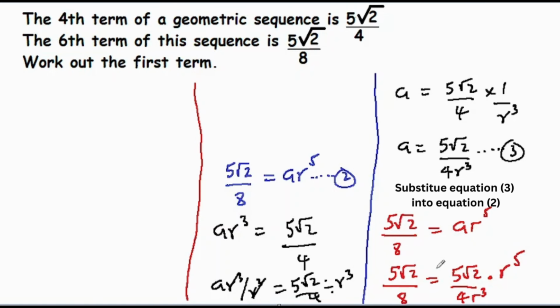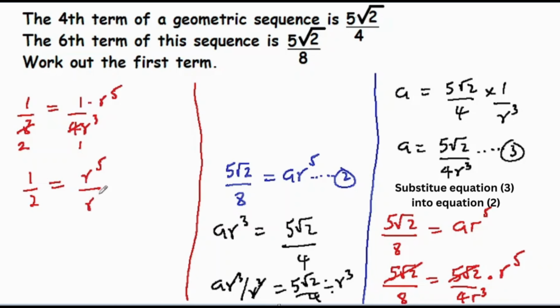Okay, good. Now 5 root 2 can cancel out. So we're going to have 1 over 8 is equal to 1 over 4 r raised to power minus 3 multiplied by r raised to power 5. Okay, 4 in 4 is 1, 4 in 8 is 2. So I'm going to have 1 over 2 is equal to r raised to power 5 over r raised to power 3.